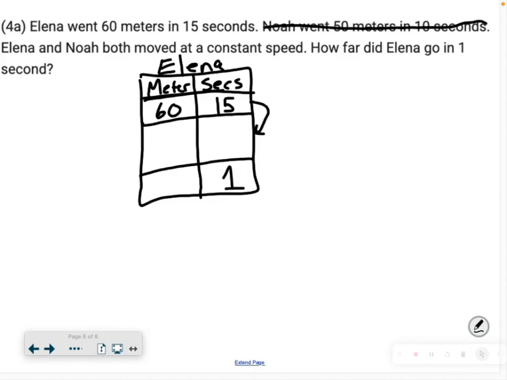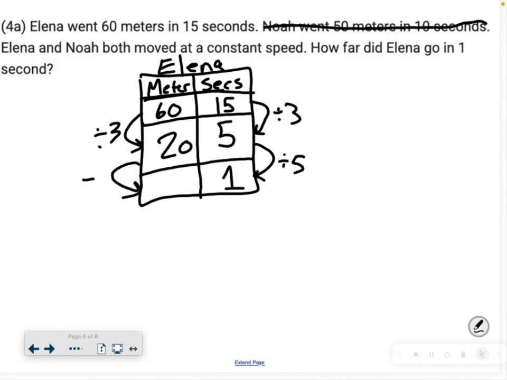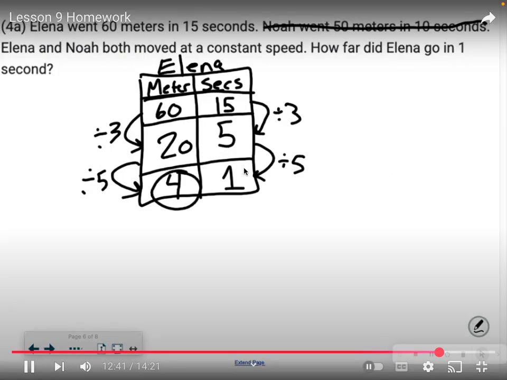So quickly, I know I can divide both of them by, I think I do 3 or 5. 3, I divide them both by 3 first, and then from there that makes it easier to divide by 5. And then that shows that in 1 second, Elena went 4 meters.